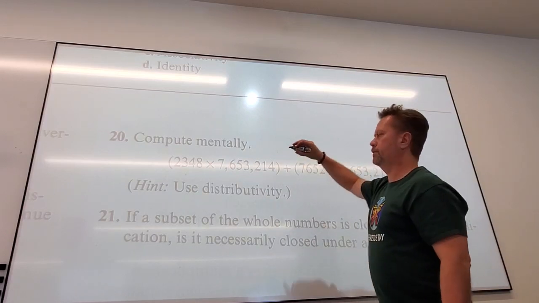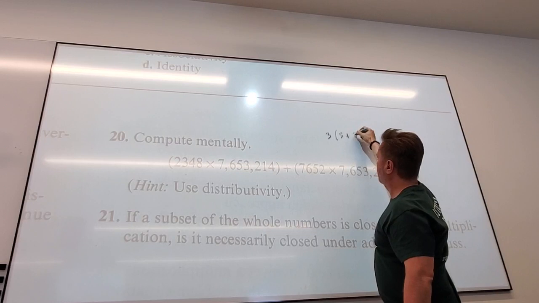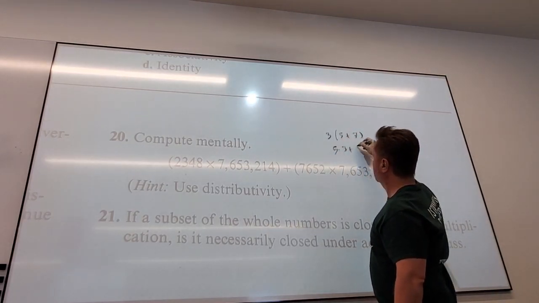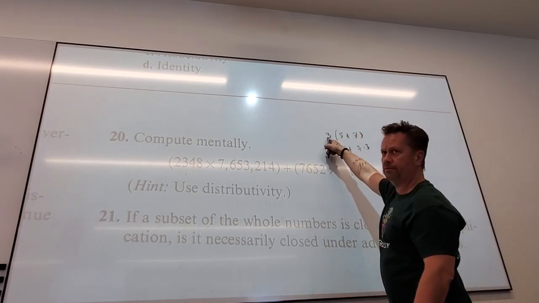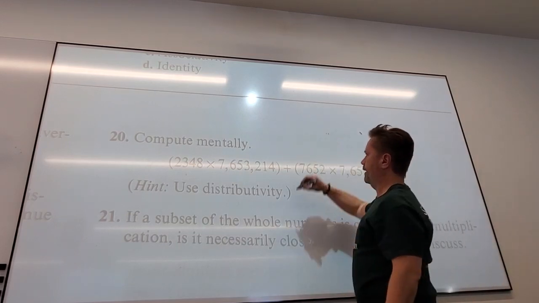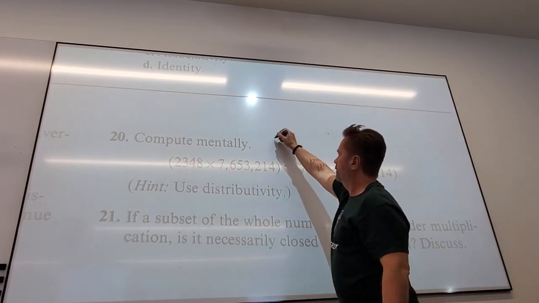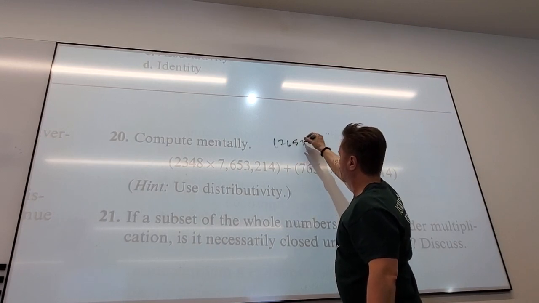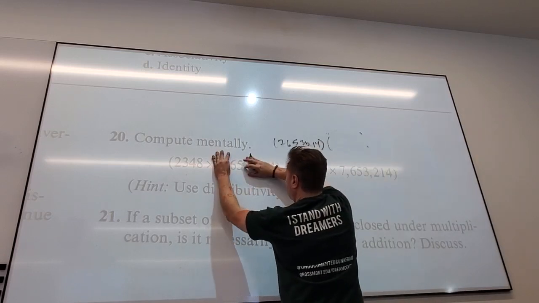If I have, let's say, 3 times 5 plus 7, wouldn't that be 5 times 3 plus 7 times 3? Then could I just take the 3 back out? Yes. So here, what number can I take back out? The long one, 7, 6, 5, 3, 2, 1, 4. I can take this number out, and what's left? 2348.